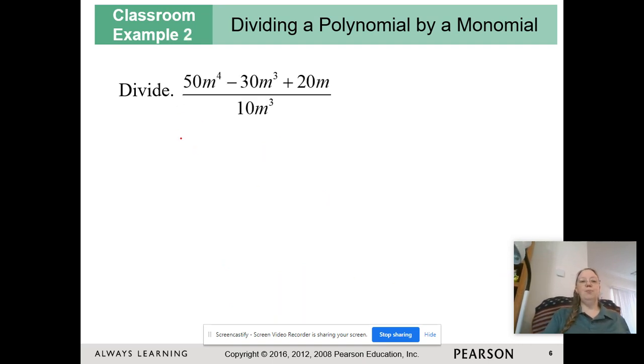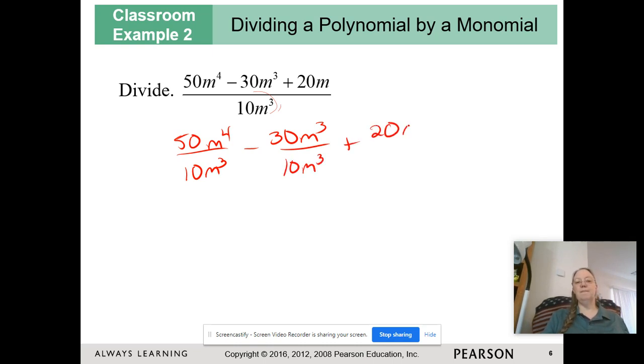Another example, we have 50m to the 4th plus 20, and so on. Separate each one. This only works if you have a monomial. One more time, it only works if you're dividing by a monomial. So 10 goes into 50 5 times. I can cancel out 3 pairs, and I'm left with just a single m.